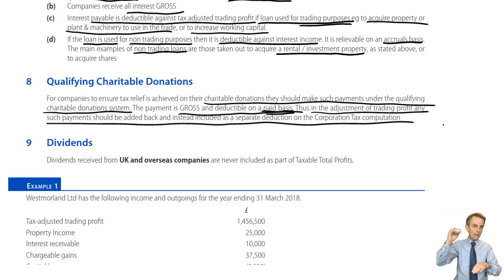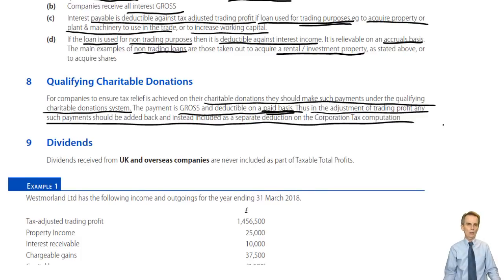So if you are doing that first exercise, as you will be, deriving the tax-adjusted trading profit, if you've got debited on your statement of profit or loss any such qualifying charitable donations, they are not trading profit deductions. So in deriving the tax-adjusted trading profit, you saw the donation listed as an expense item on your statement of profit or loss.